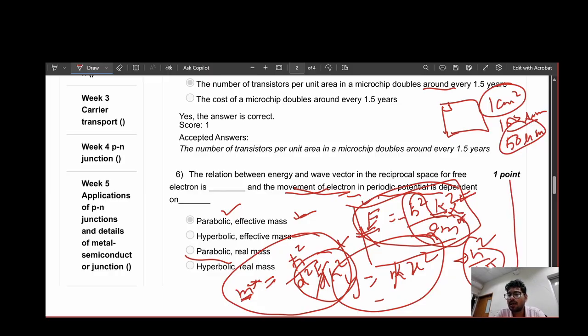For electrons you need to look at the curvature of the conduction band, and for holes you need to look at the curvature of the valence band. There are some questions that we will see on this.